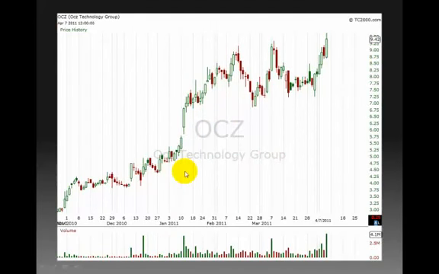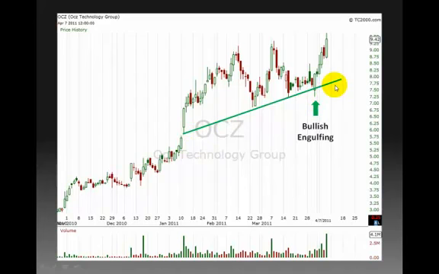Okay, this chart is of OCZ Technology Group, and we had a very strong signal that came from a trend line, just like we spoke of at the beginning of the video. We had a bullish engulfing at the support level of the upward trend line, and also where this trend line met dynamic support.